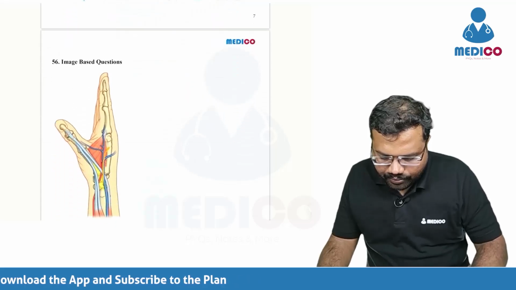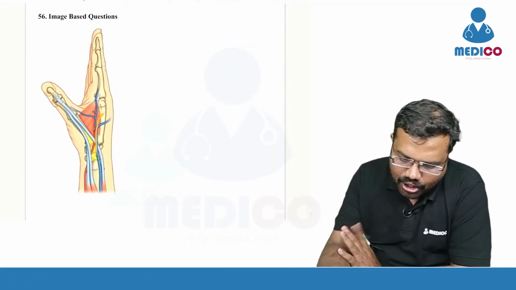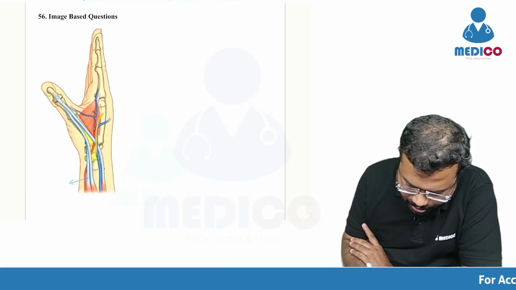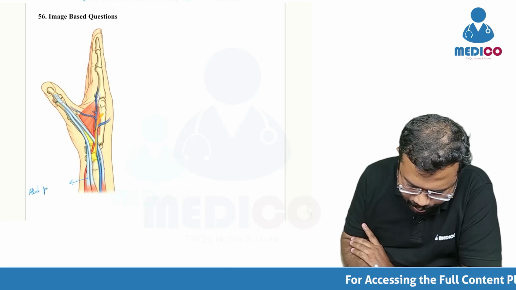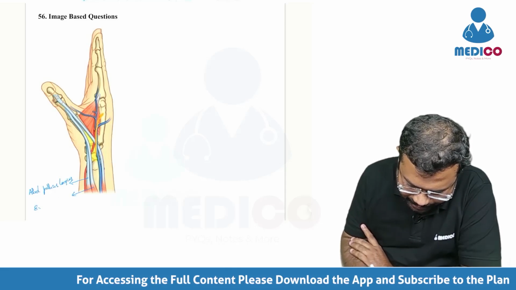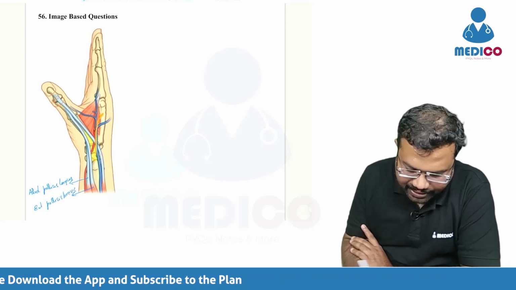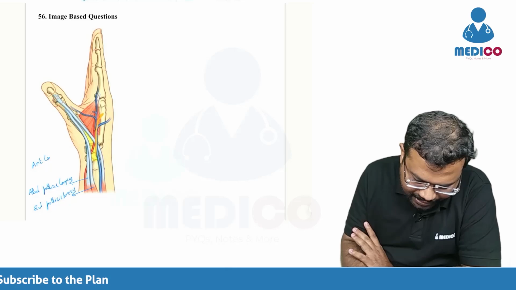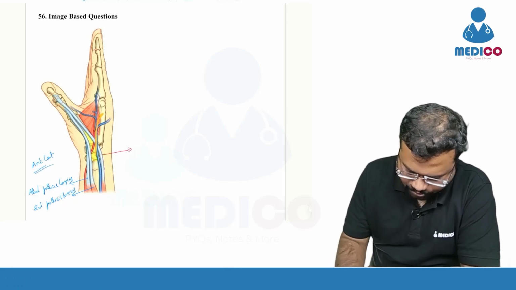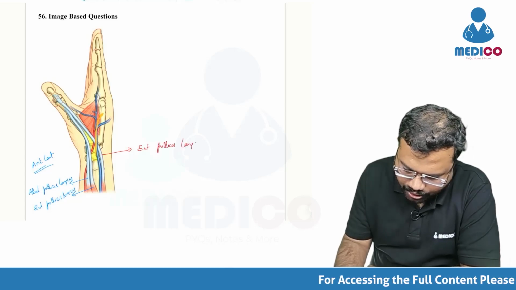Next. The next image based question is regarding the anatomical snuff box. The anatomical snuff box is present between abductor pollicis longus and extensor pollicis brevis on one side, that is on the anterolateral side, whereas on the posteromedial side we have extensor pollicis longus.